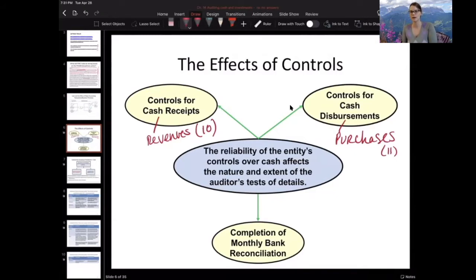So we're not going to spend much, actually really any time in this chapter talking through what tests of controls for cash receipts and cash disbursements should look like, because really those things are tested in conjunction with the revenues and purchasing processes being tested. But once you test those, of course, the reliability of controls will impact how much you're going to do in terms of your substantive testing, right? We know this. CR impacts DR.